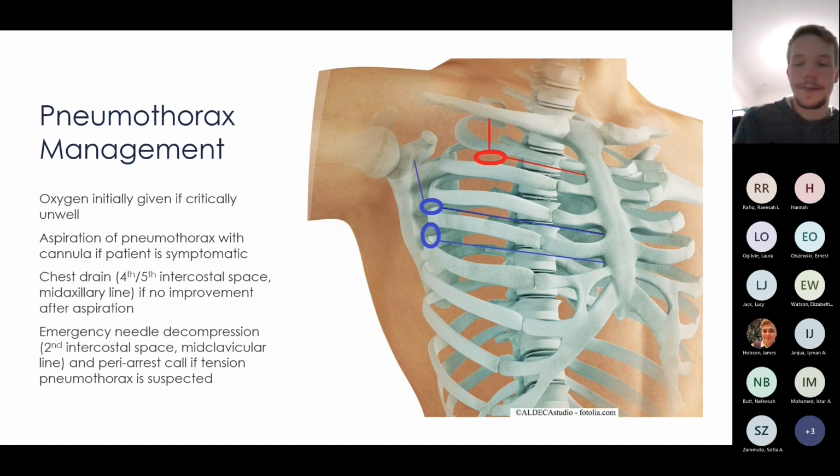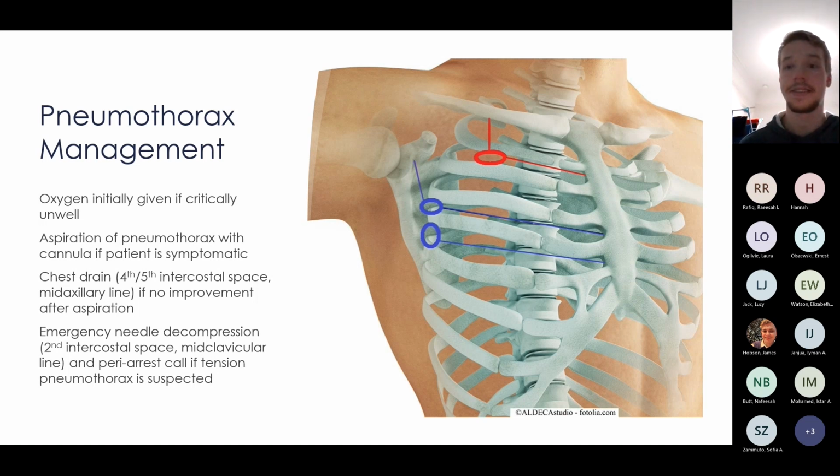So if it's a really small, simple pneumothorax and it's not causing any issues, so it might have been picked up incidentally on an X-ray for something else, you might not do anything about it. Initially, because we're talking about an emergency presentation, you try to stabilize the patient before any procedure.